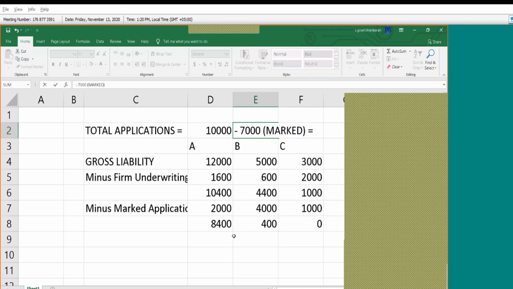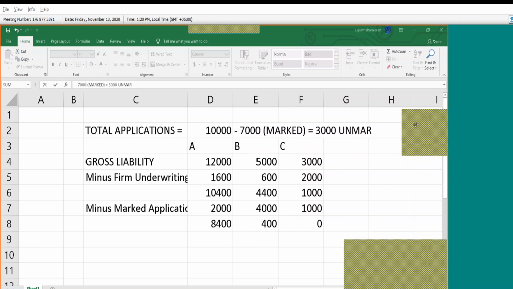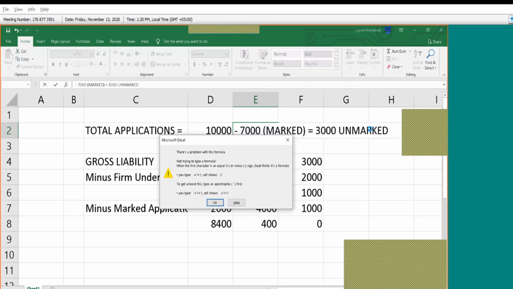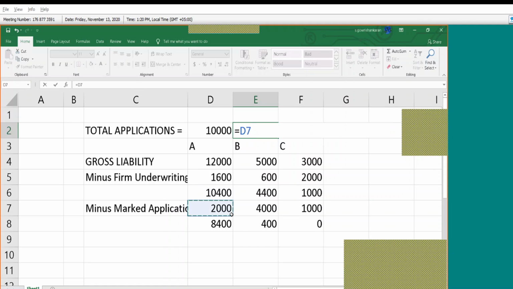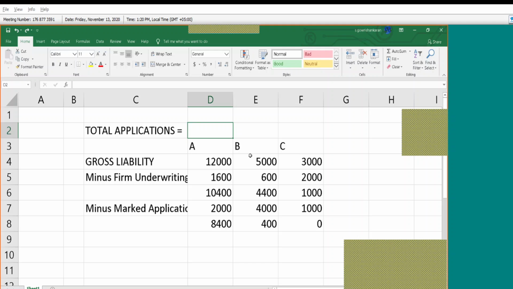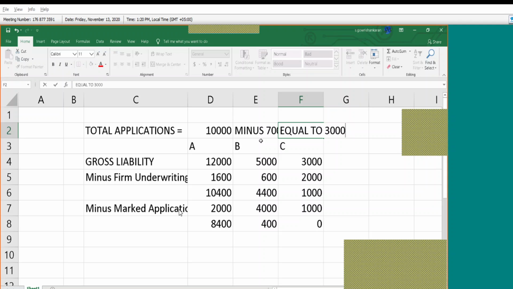Then 3,000 is unmarked. 10,000 minus 7,000 equals 3,000 unmarked application.